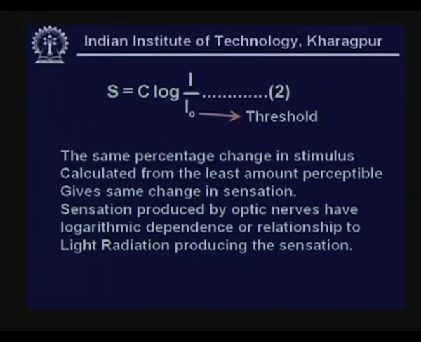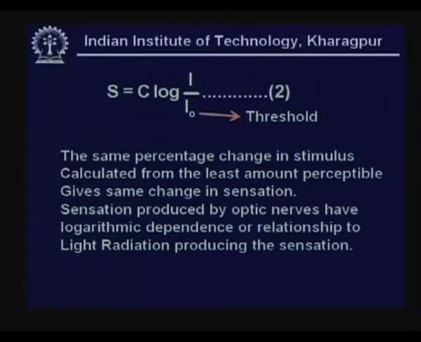What is this I naught? I naught is the threshold, that is the minimum luminous intensity that is able to produce any effect on your eyes. So, this aspect has to be kept in mind while designing light sources, because how any change is going to affect our human eyes is dependent on Fechner's law.